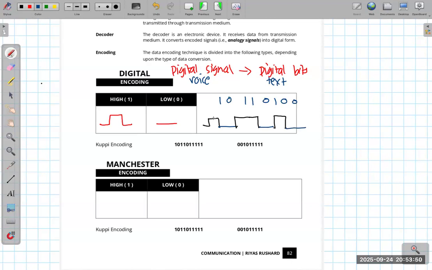So 1 in the sense up, 0 in the sense down. Okay, this is how we represent it. A very simple and straightforward way of representing digital signal to digital bits, or digital bits to digital signal. We call it an encoder.